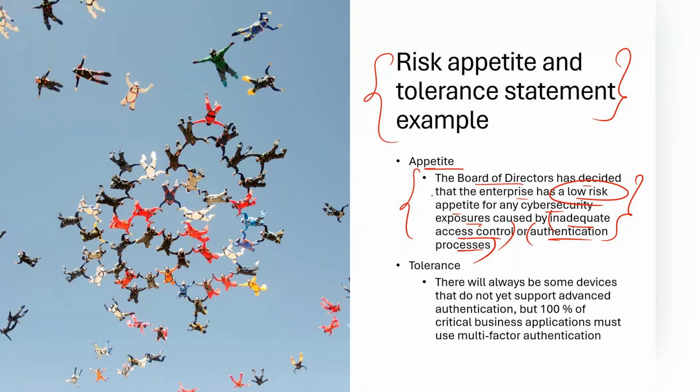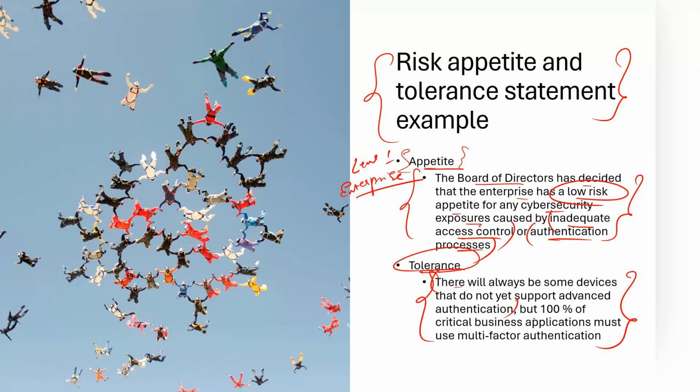So this becomes my risk appetite statement, which is really from a level 1 perspective, as in from an enterprise perspective, right? From a tolerance statement perspective, they would say something on similar lines: there will always be some devices that do not yet support advanced authentication, right? There could always be such a situation, and this is why the tolerance definition would also kick in.